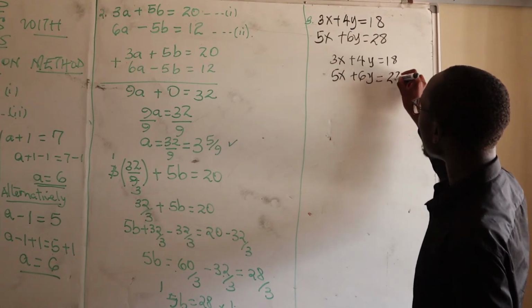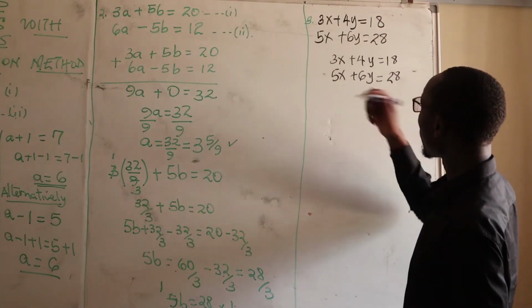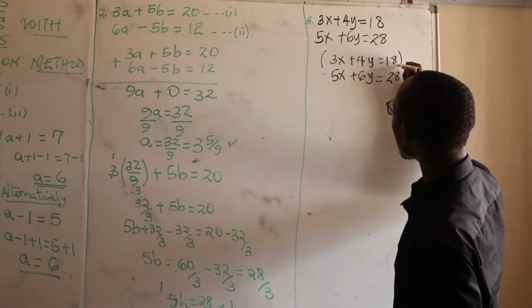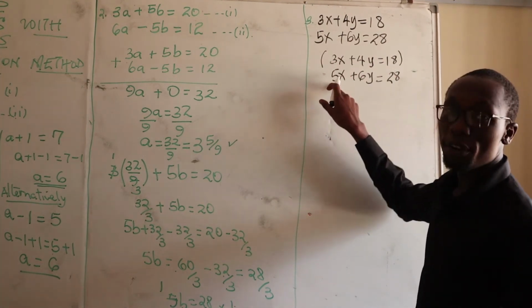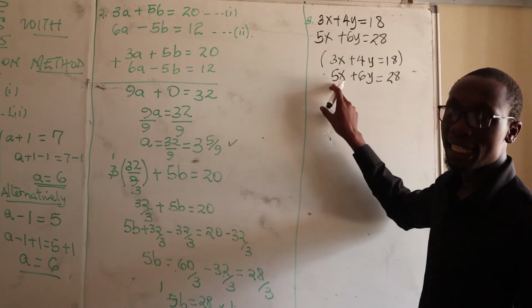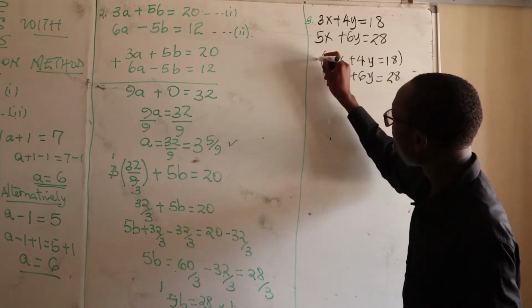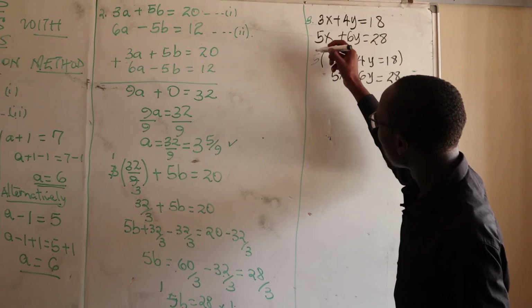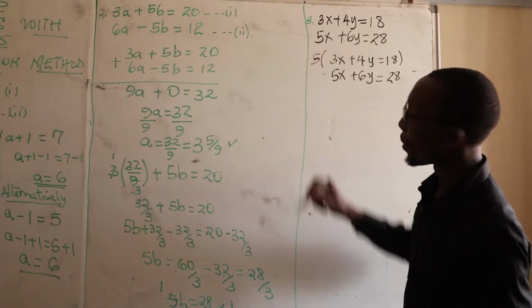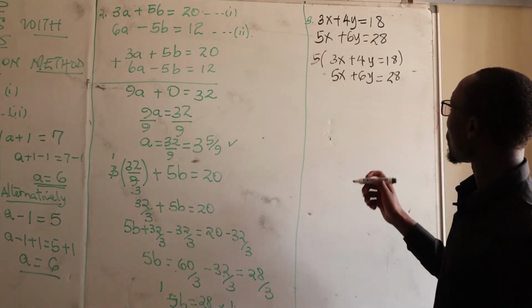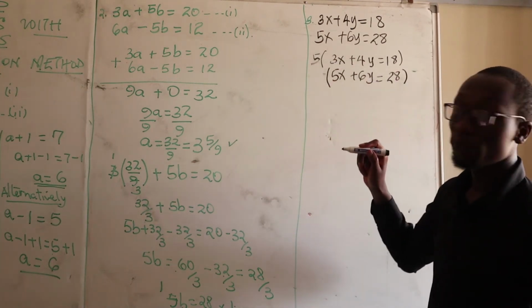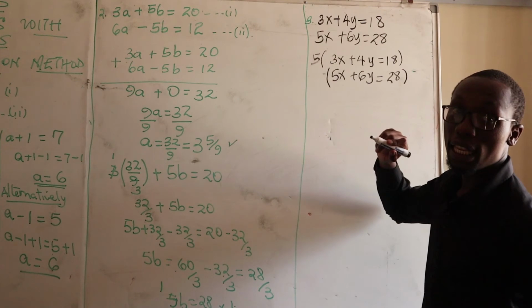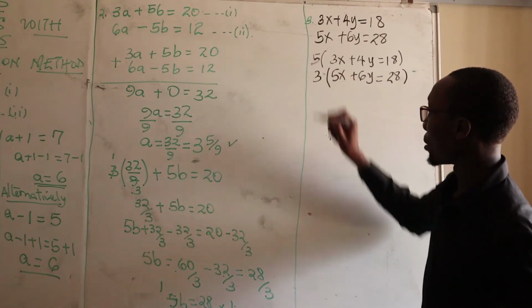Then the first equation, since I have decided to eliminate x, I multiply the first equation with the coefficient of x in the second equation, which is 5. And then the second equation, I multiply the whole of the second equation with the coefficient of x in the first equation, which is 3.